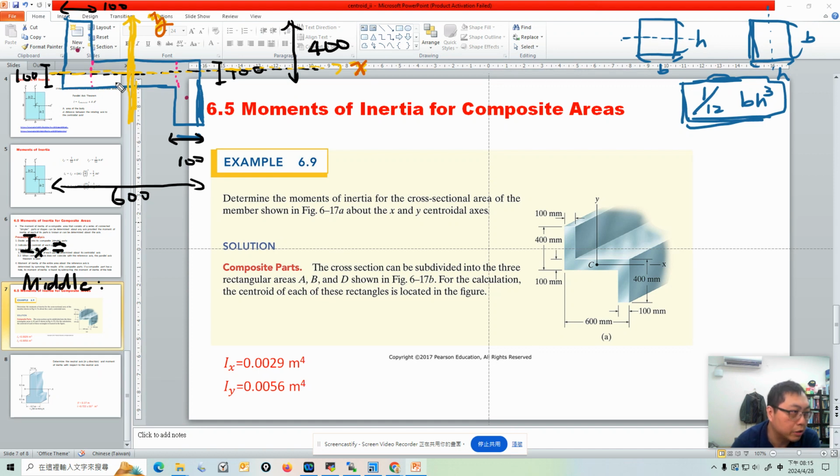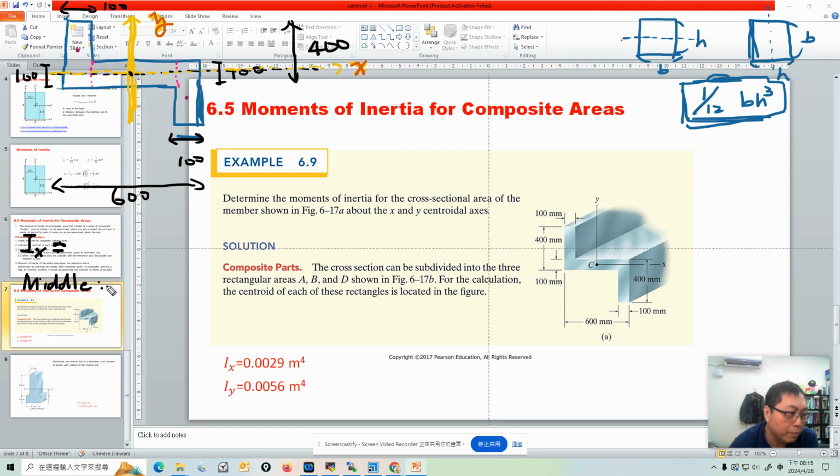The middle is this area, because this centroidal axis just passes through the centroid of the middle part.